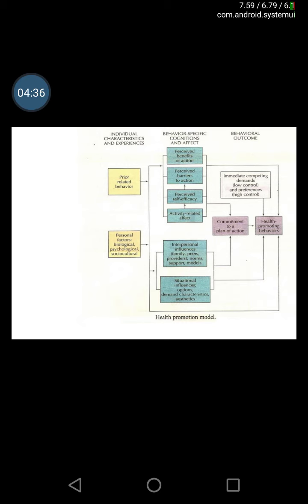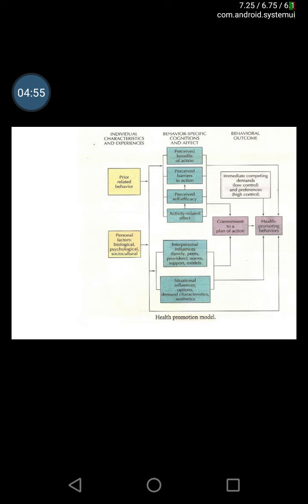Second, psychological, his psychological conditions, self-esteem and so on. Next is socio-cultural factors, his race, ethnicity. So that is the first part, assessing the prior related behavior and personal factors.